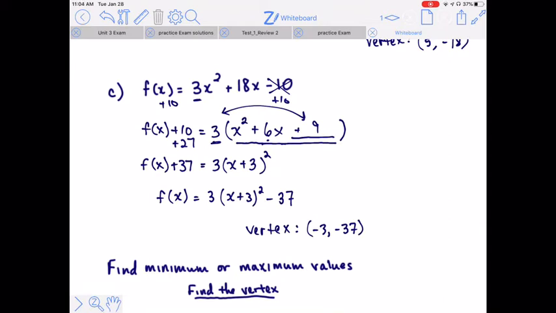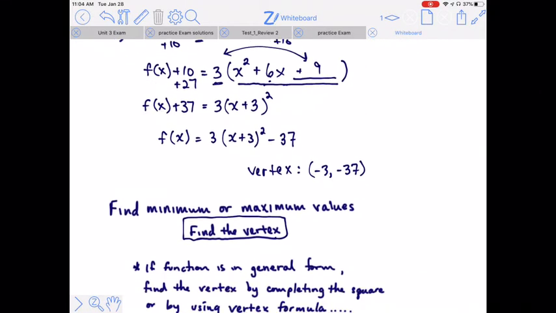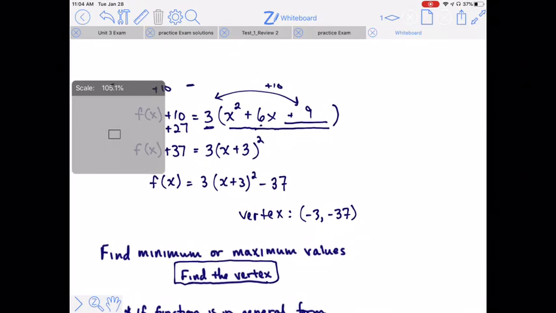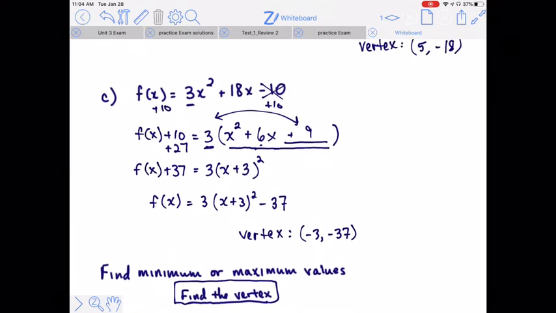And if we're talking about a quadratic function, what it really means is, find the vertex. If you see it saying find the minimum value or find the maximum value, what it's really saying is find the vertex.